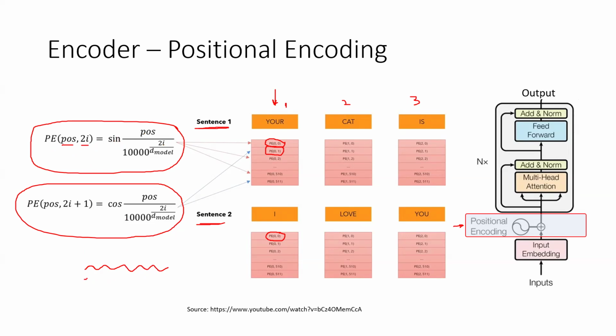Another is creating a sine wave with a much longer wavelength like this. Another value would have an even longer wavelength, and so on. For each of these positional embeddings, you have the values in this one first, this one second, and this as the third value, and so on.